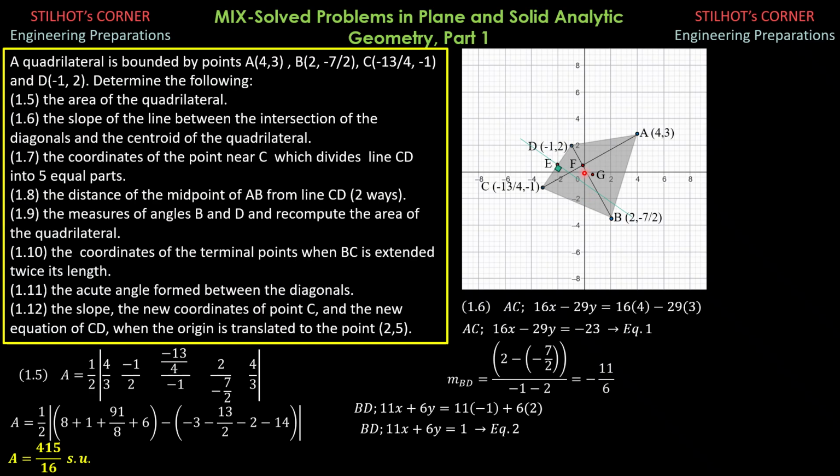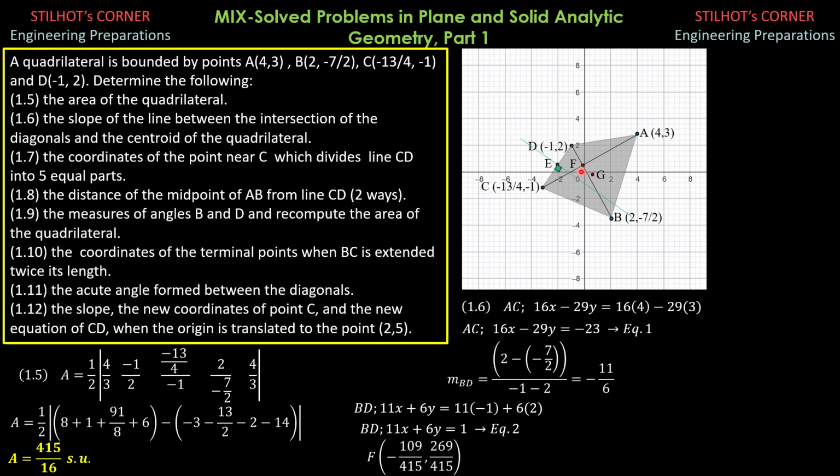Now, the point of intersection F is determined by solving equations 1 and 2 simultaneously. That's the point of intersection between lines AC and BD. So solving equations 1 and 2 simultaneously, we get the coordinates of F: negative 109 over 415 and positive 269 over 415. So that's about negative point something, so it's correct.